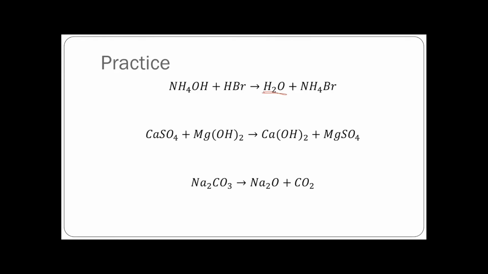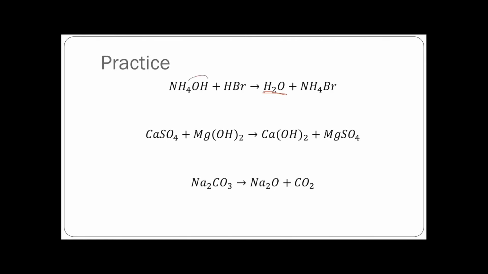And the way to verify that is to look at the reactants and see if you have an acid and a base. Remember, acids have H plus ions, bases have OH minus. So if you see an H and an OH minus on the reactant side, that's going to mean that this is a neutralization equation.